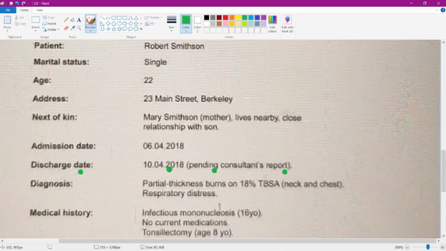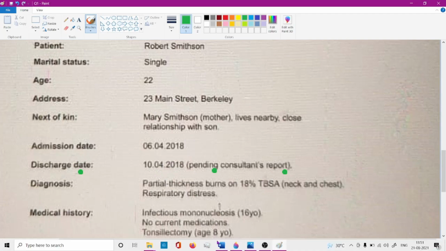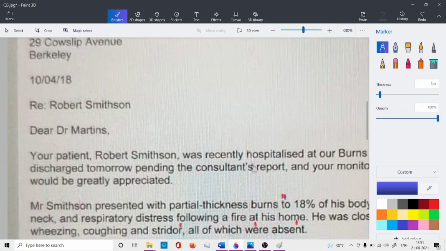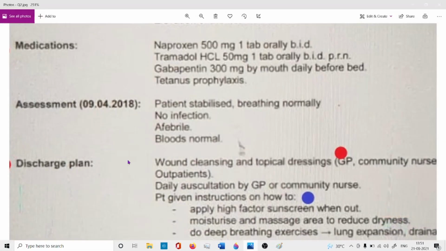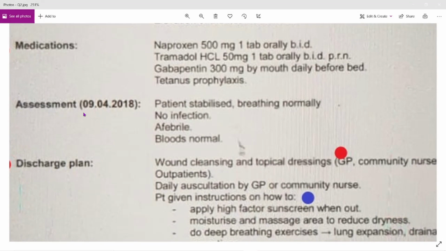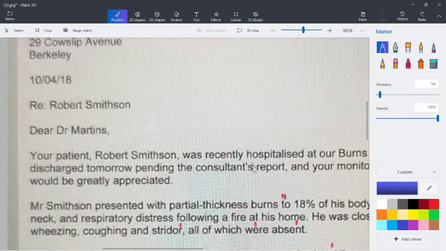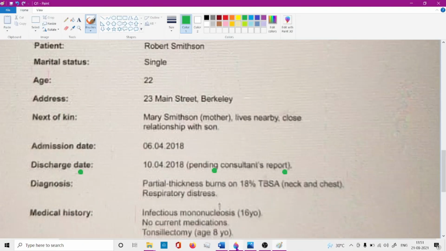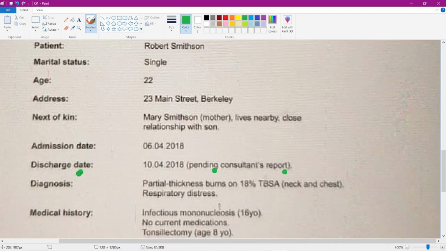So what they have given is two days, one date is 10, and over here in this question assessment, they have given a different date, 9. So there is a confusion that usually arises because of the different discharge dates. One is 10 and one is 9.